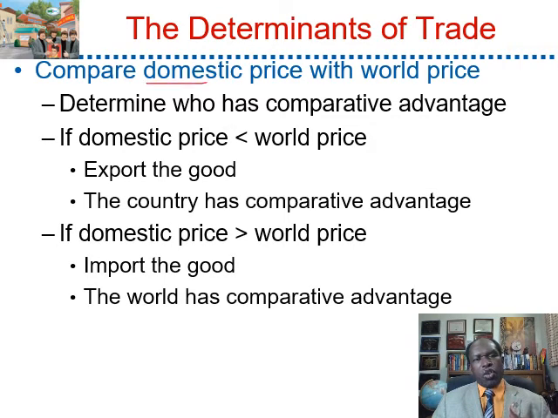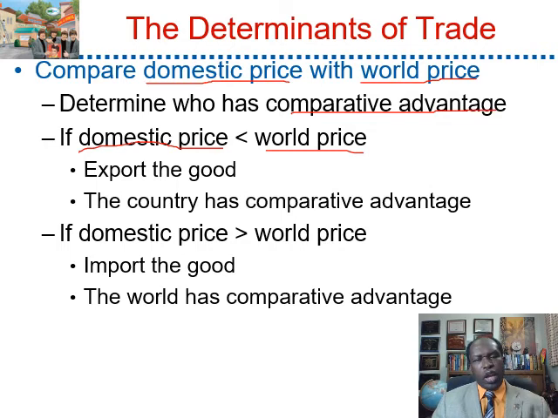To compare the domestic price with the world price, we have to find out which country has a comparative advantage in the production of what. For instance, if country A has a comparative advantage in the production of textile, this means country A can produce textile at a lower opportunity cost than country B or the world, in which case the domestic price of textile would be less than the world price of textile.